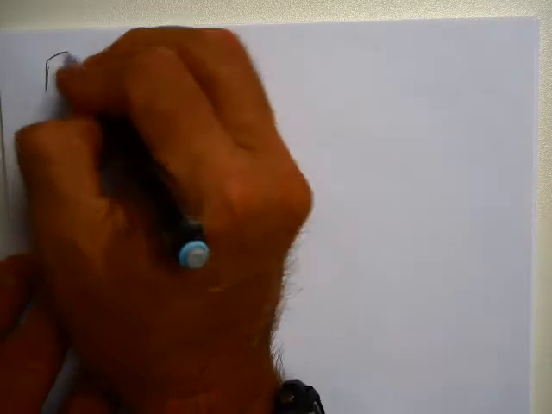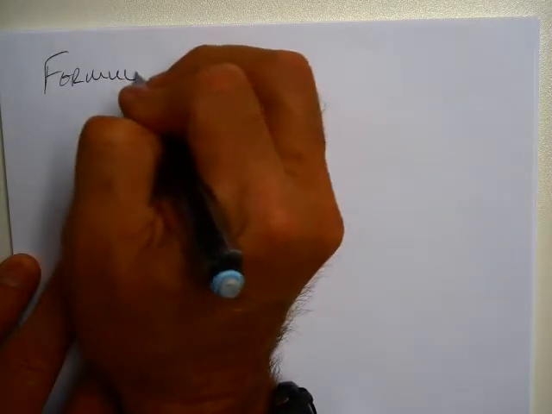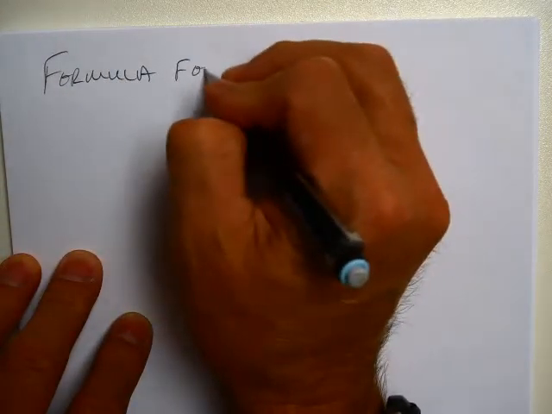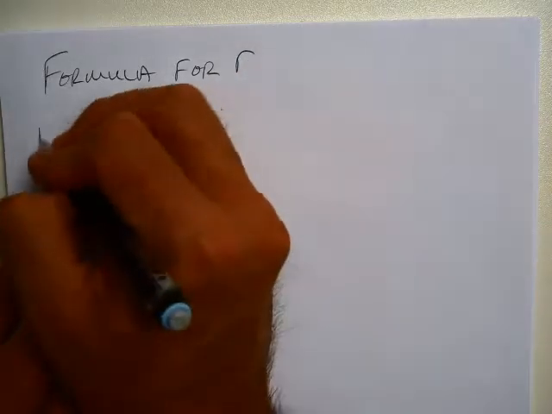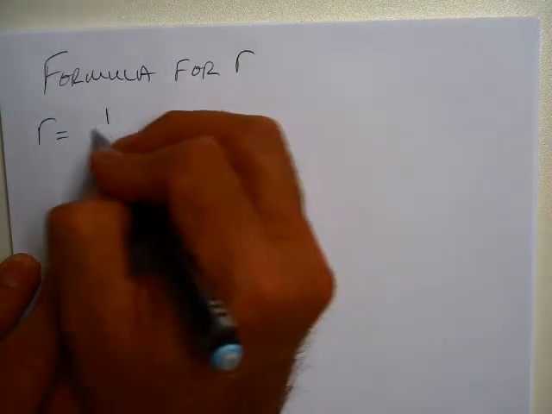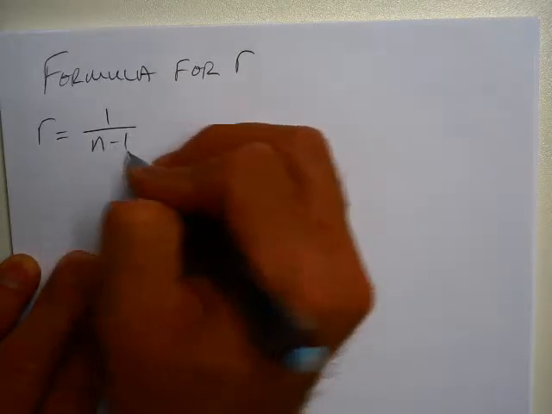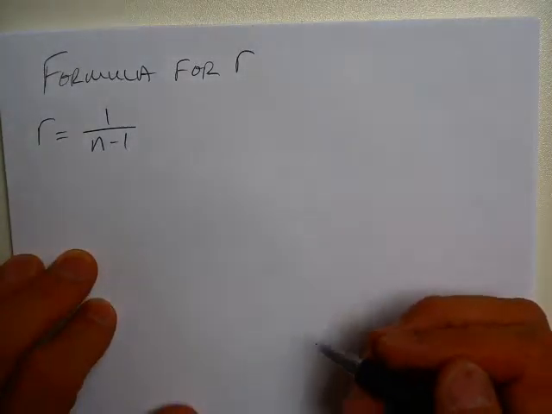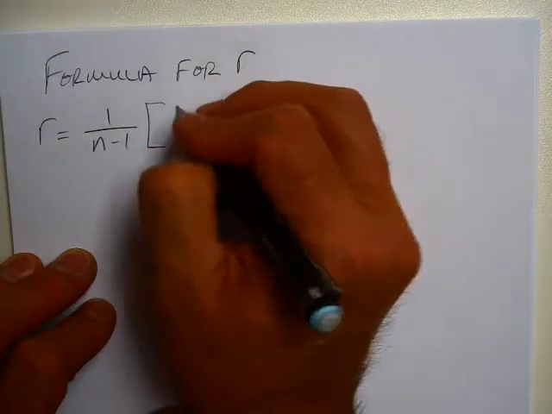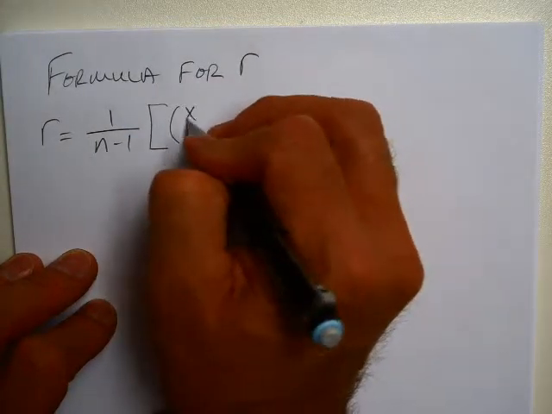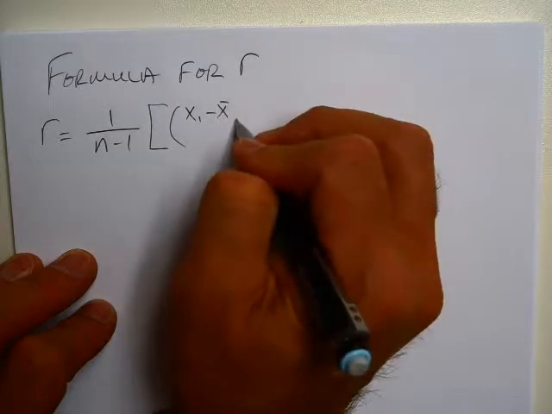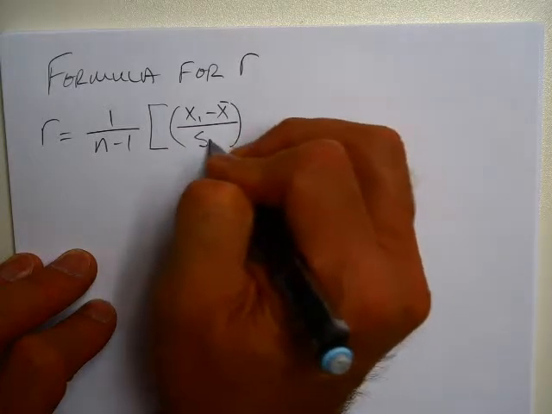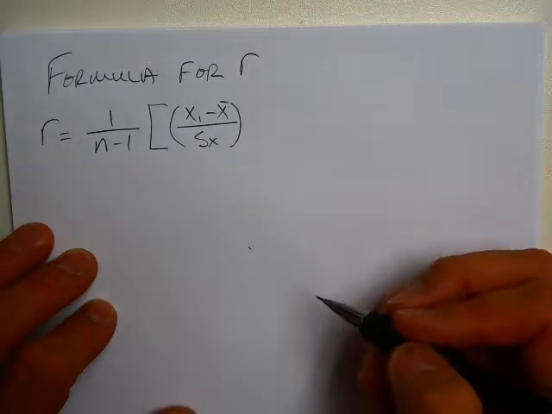The formula. Let's look at the formula for R, our correlation. R equals 1 over n minus 1 times x1 minus x bar over s sub x, the standard deviation of x.